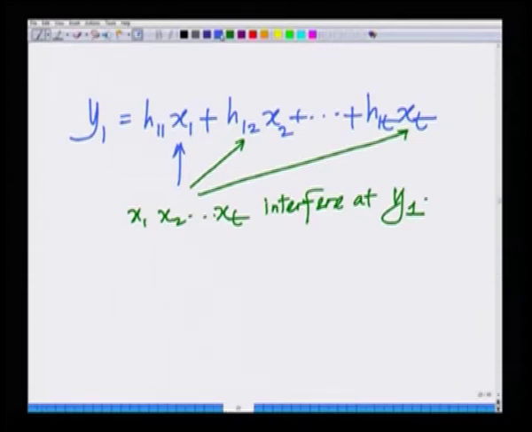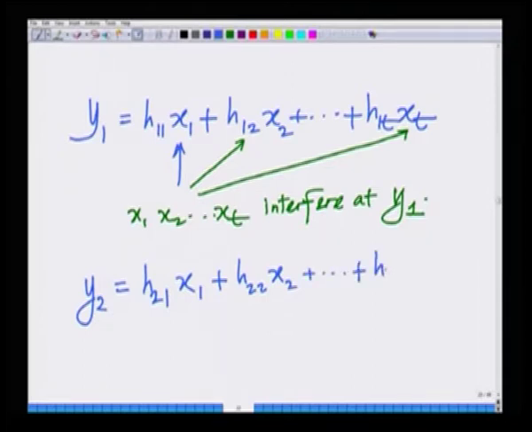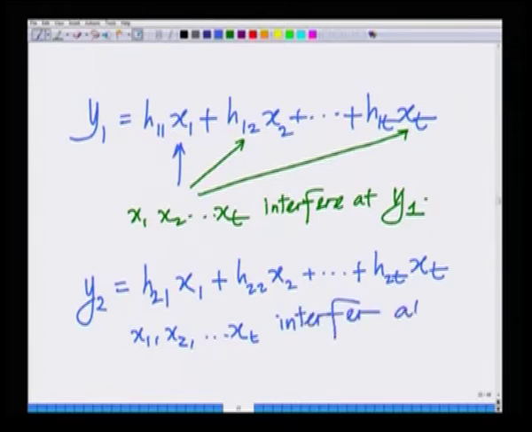Similarly, the signal y2 at receive antenna 2 can be expressed as h21 x1 plus h22 x2 plus so on up to h2t xt, and you can see again x1, x2, up to xt interfere at y2, or at receive antenna 2.